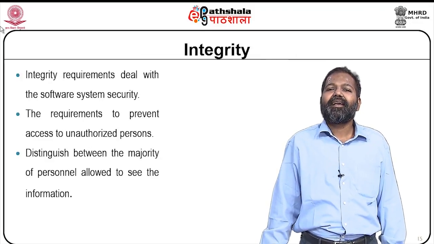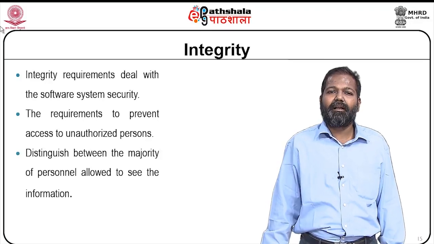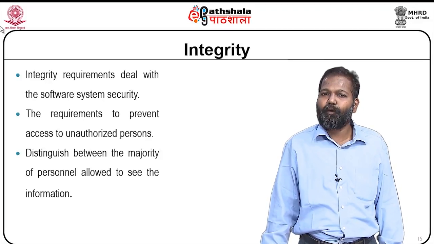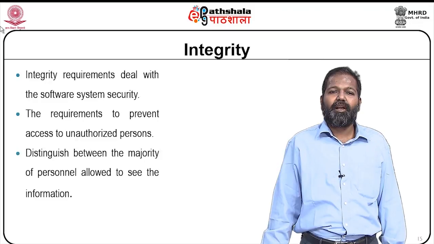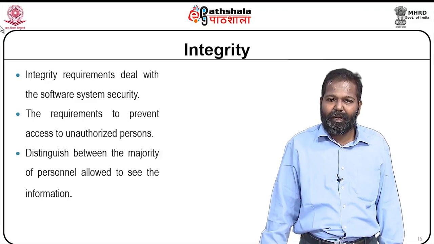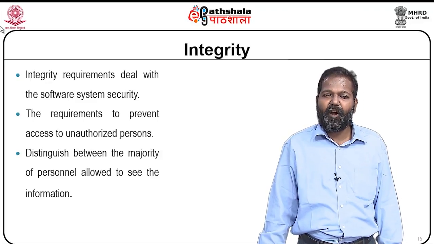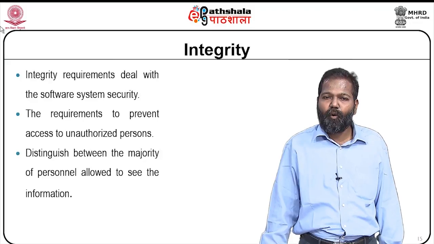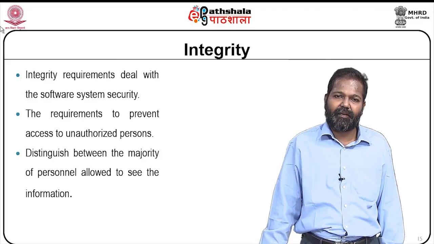Integrity. Integrity requirements deal with software system security. The requirements are to prevent access by unauthorized persons and to distinguish between the majority of personnel allowed to see the information.